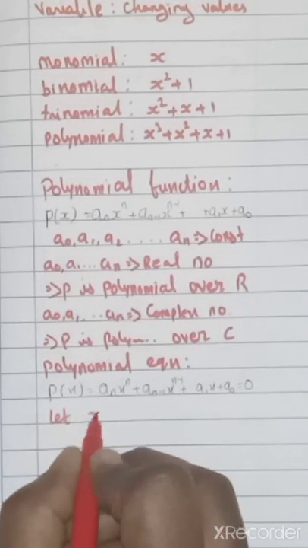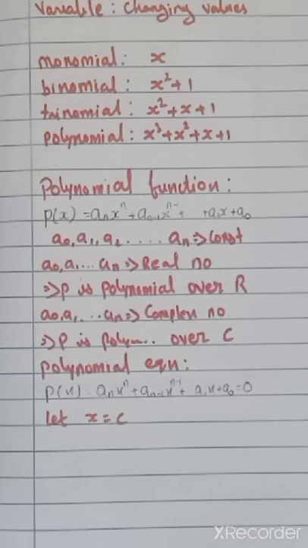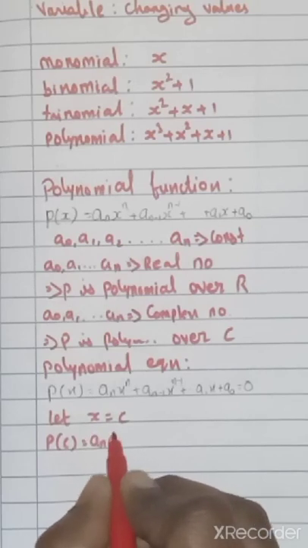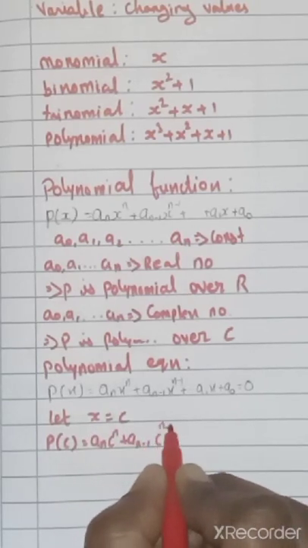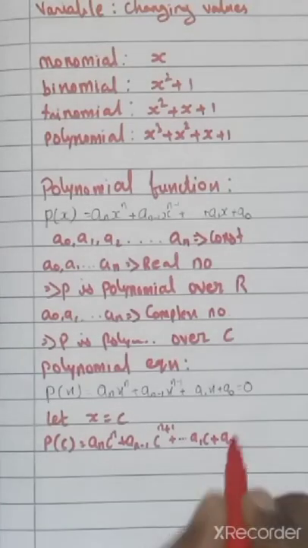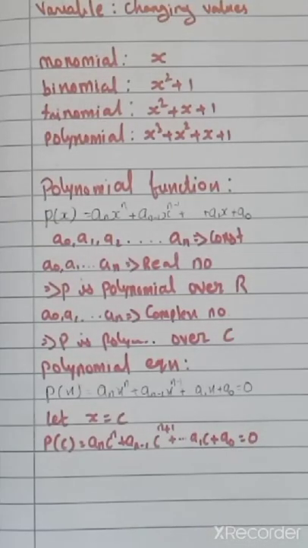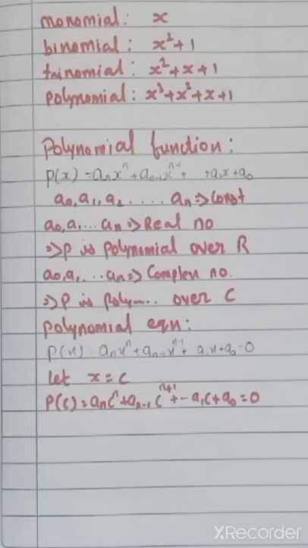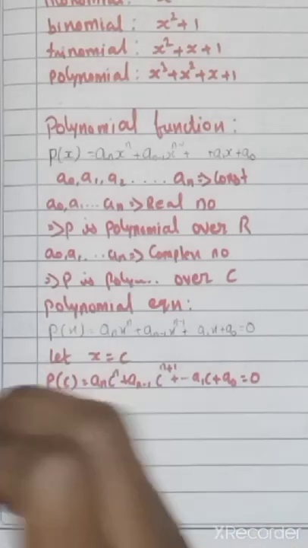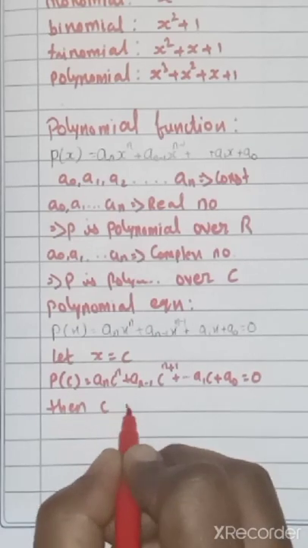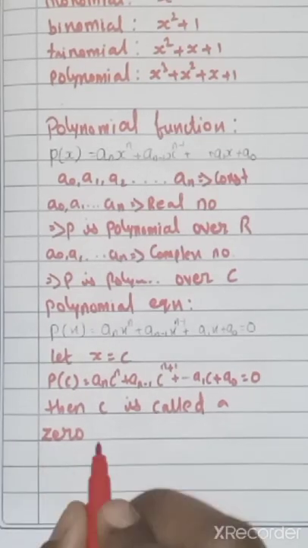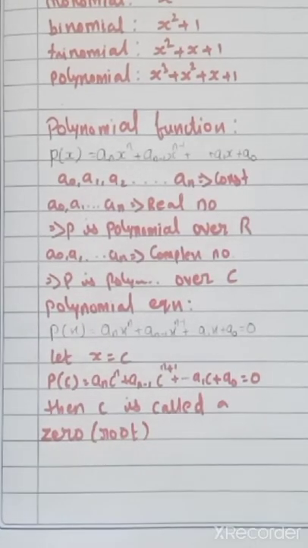So let x equal to c, we take some constant or some number. Then how will this equation change? p of c equal to a_n c^n + a_(n-1) c^(n-1) + etc. up to a_1 c + a_0, okay? If this whole term is 0, suppose we take a constant and substitute that constant in the equation, and the final answer is 0, then you can say that c is called a zero. We can say zero or root, both have the same meaning, okay?